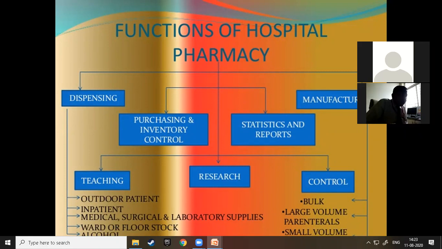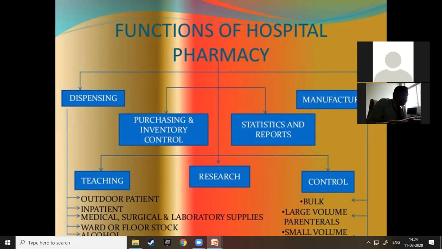The broad classification is dispensing, manufacturing, purchasing, inventory control, statistics and reports. What are the data relevant with the hospital pharmacy? That comes under statistics and reports, teaching, research and control. These are the important functions that come under the heading of hospital pharmacy.